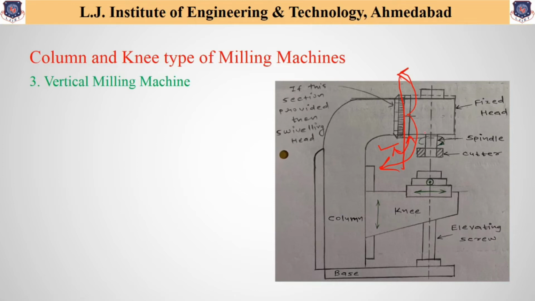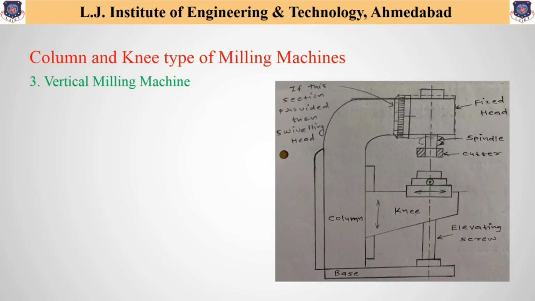So the vertical spindle can be swiveled to any required angle for machining inclined surfaces, and when this type of arrangement is provided, that vertical milling machine is called a swiveling head type vertical milling machine. So this is the difference between the fixed head type and the swiveling head type milling machine.